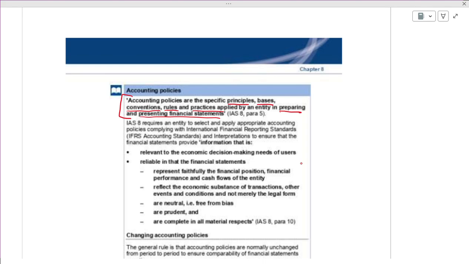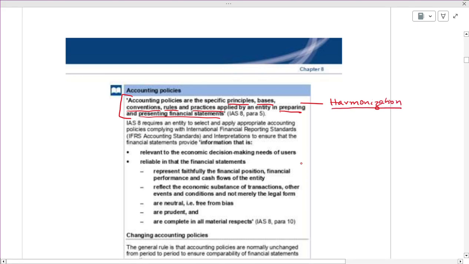In the last chapter, I told you about harmonization. You remember this from the last class? When I repeat any keywords, it is from the revision kit point of view. Harmonization means you should have some common understanding about the financial statements across the industry.